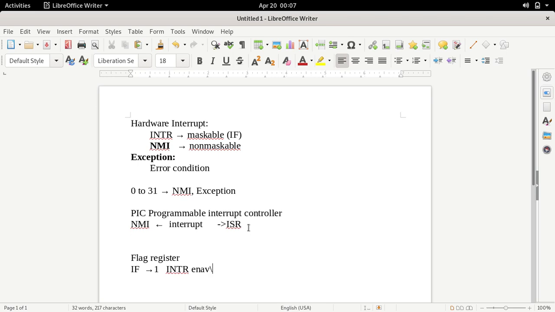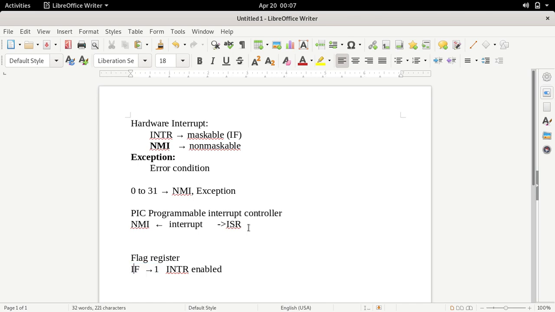In other words, the INTR pin will be enabled. Interrupts coming on the INTR pin will be enabled only if the IF flag in the flag register is set to 1.